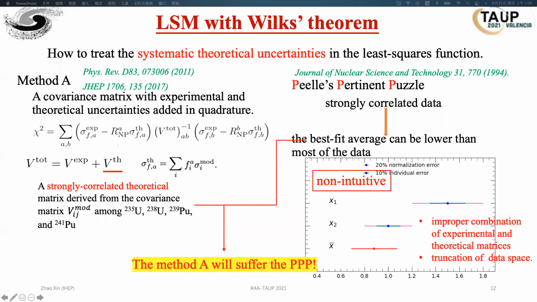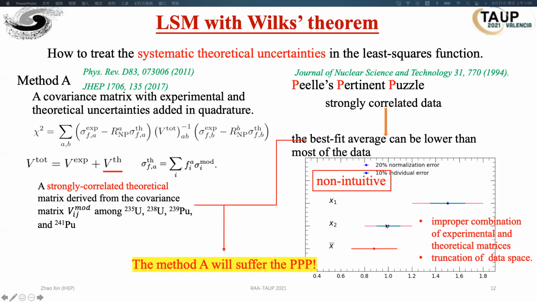Here, the theoretical covariance matrix is a strongly correlated one, which may suffer the statistical puzzle called the Peelle's Pertinent Puzzle. As for the Peelle's Pertinent Puzzle, we can give an example.